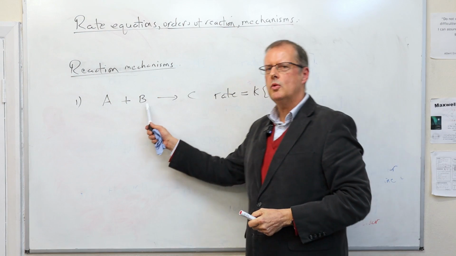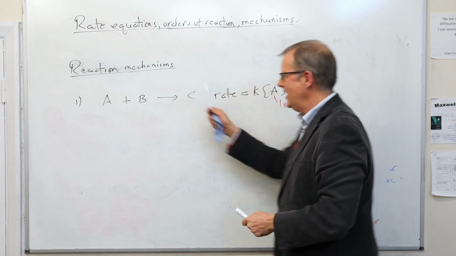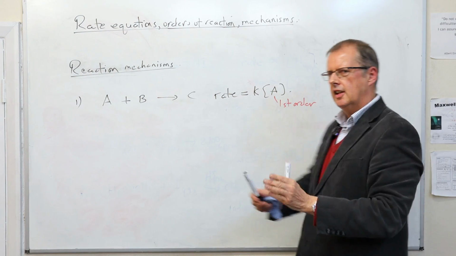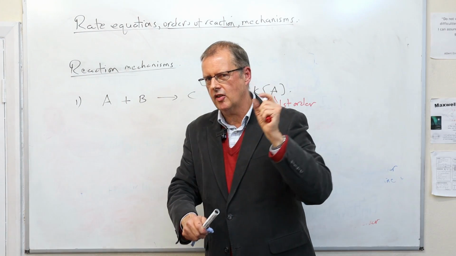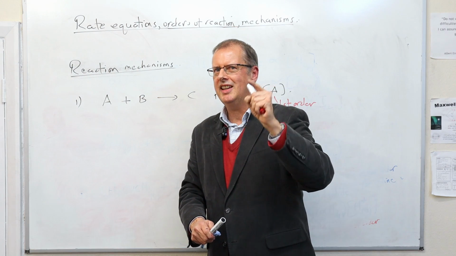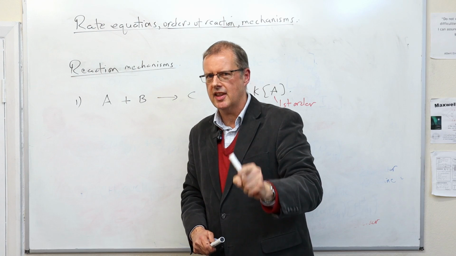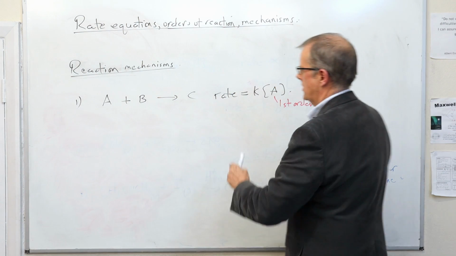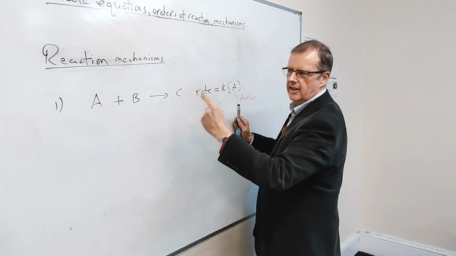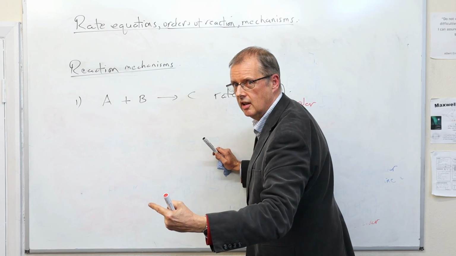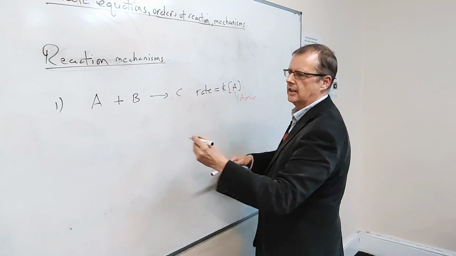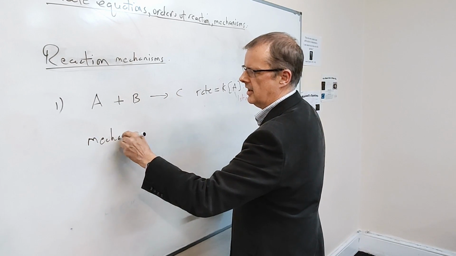And what is the order with respect to B? B doesn't feature in the rate equation. It's like the shuffler or the stapler. It's got a quick job. So my mechanism will have a fast step, something that happens very, very quickly. So the rate determining step, the thing that holds the show up, is the concentration of A. So if I just invent a little mechanism, this is where I'm going to get creative now.